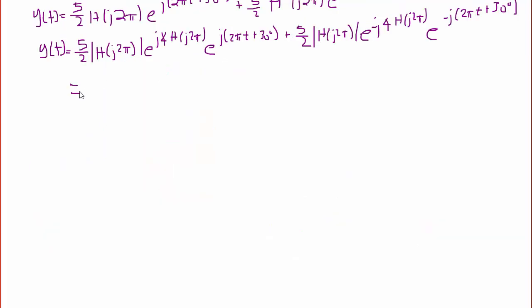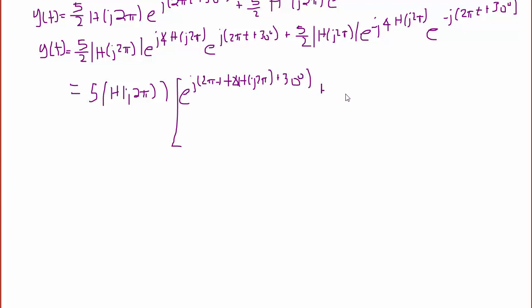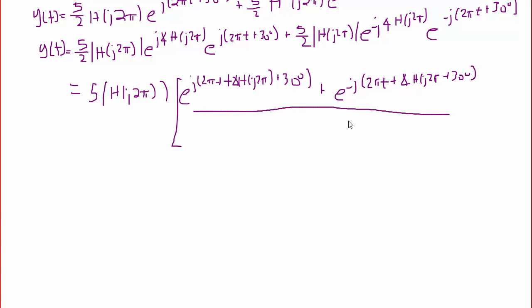By using algebra, I can rearrange and write this equation as 5 times the magnitude of H(j2π) times the quantity e^(j(2πt + angle H(j2π) + 30°)) plus e^(-j(2πt + angle H(j2π) + 30°)), divided by 2.